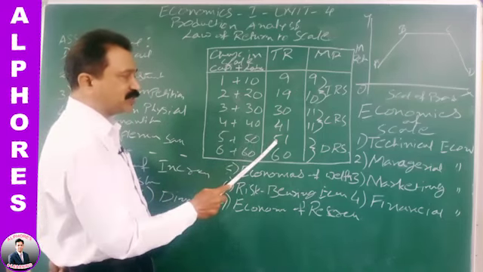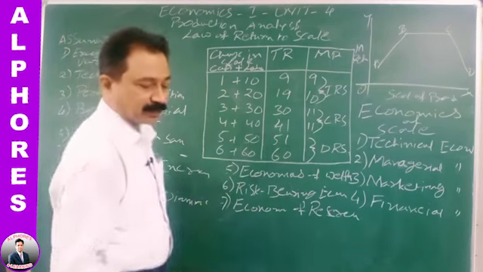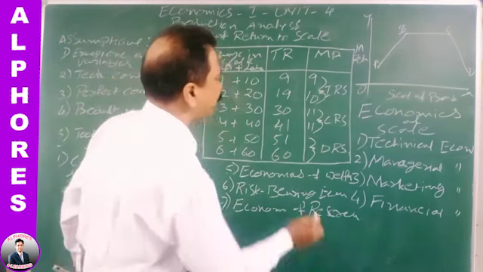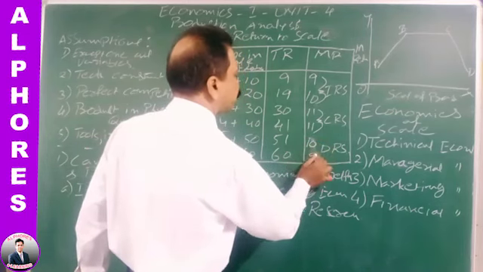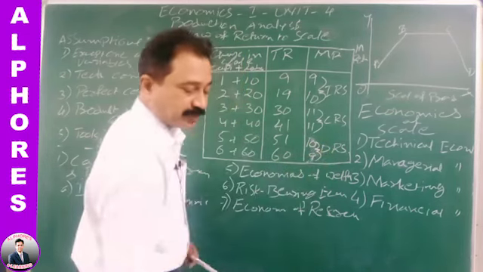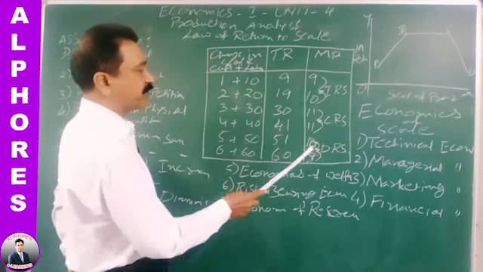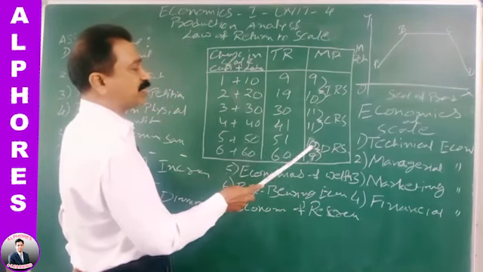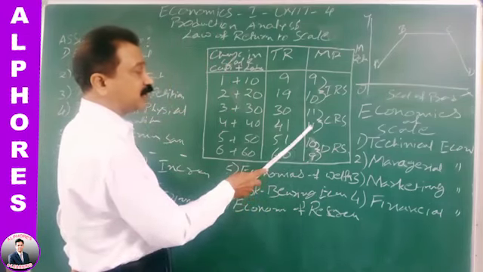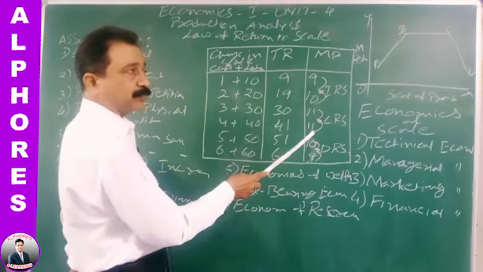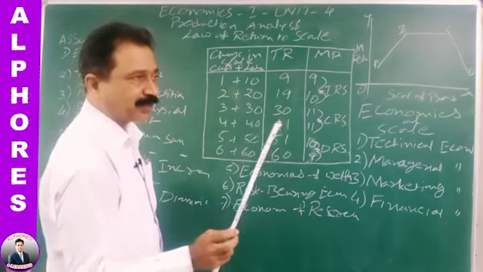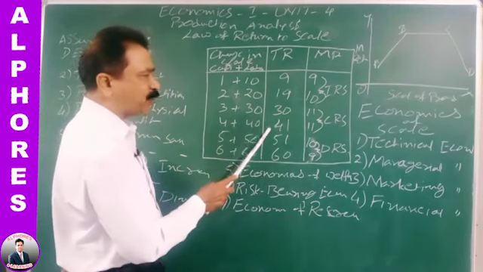See, total returns increased to 51. 51 minus 41 is 10. See here, diminishing returns have already started. Here it was constant, because the land has a capability. You push the land up to a limit.